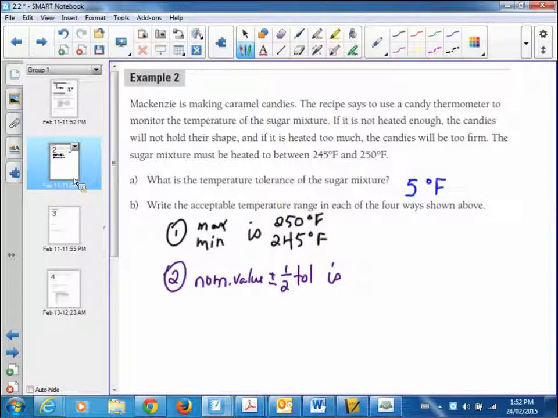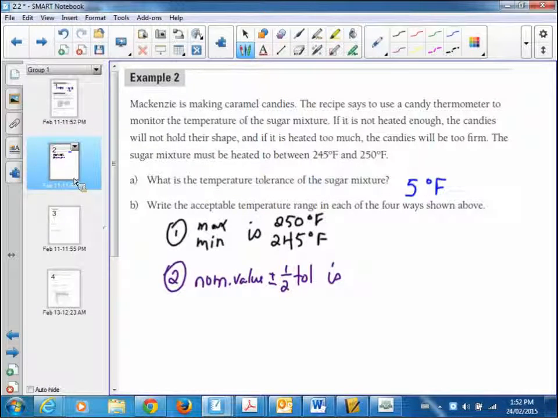What's right exactly in between 245 and 250? Yeah, 0.5. Now, how could you find that if it was too complicated to do in your head? Do you guys know how to find the midpoint of two numbers?